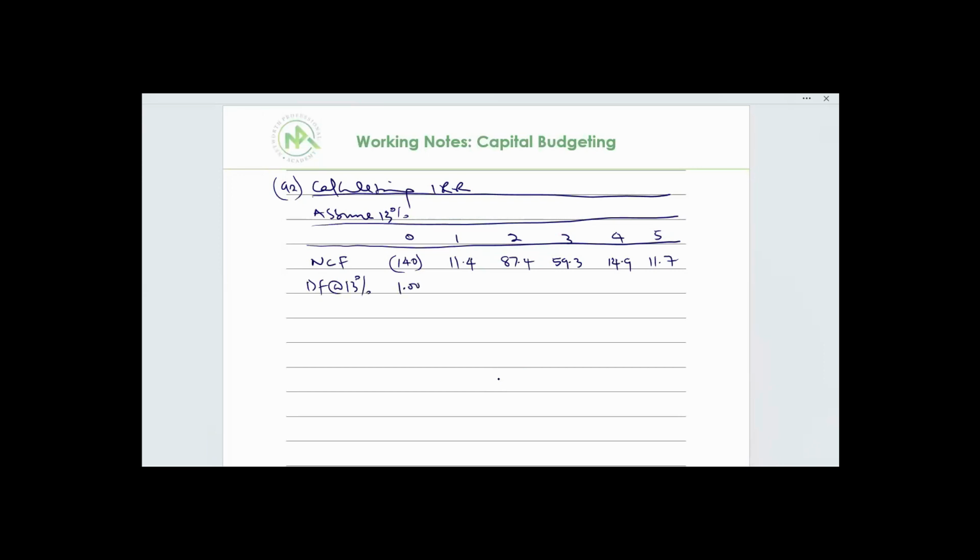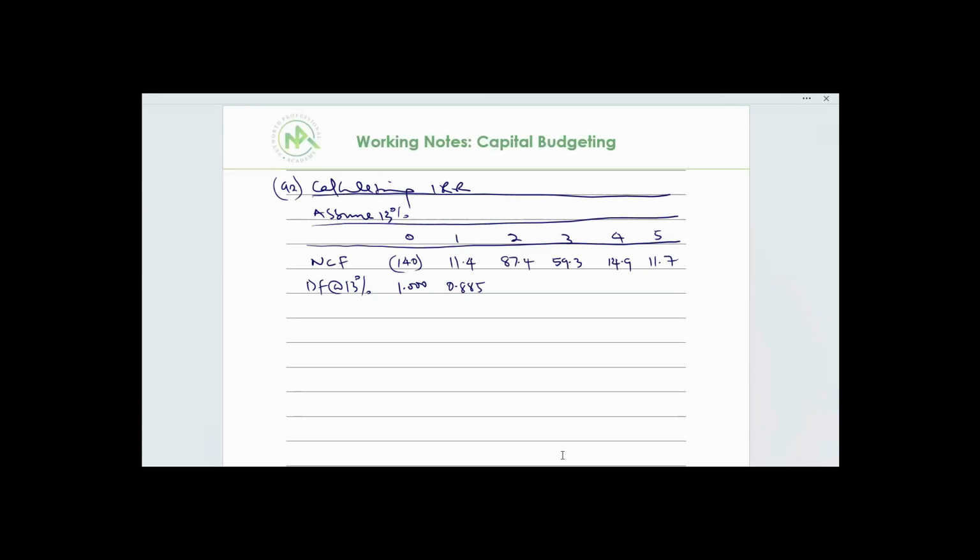So what's 13% of year 1? 1.13 raised to power minus 1 equals 0.885. What about year 2?